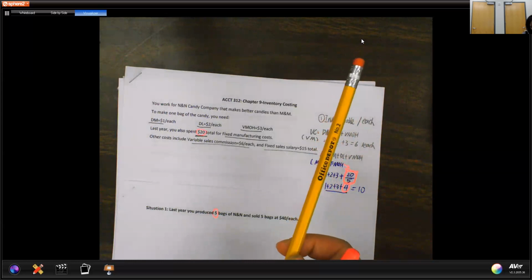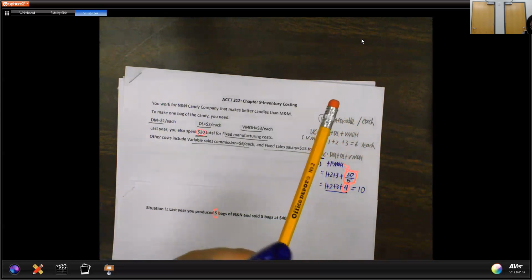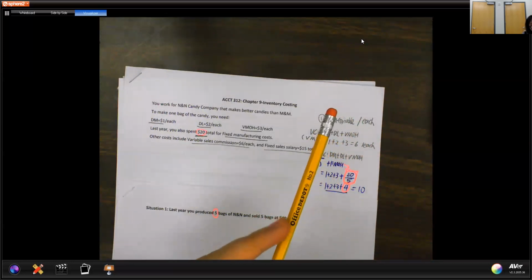So for each unit, if you have candy or a pencil, under variable costing, the cost is $6. Under absorption costing, it will be $10, because you attach the $4 of the fixed manufacturing cost to your inventory.